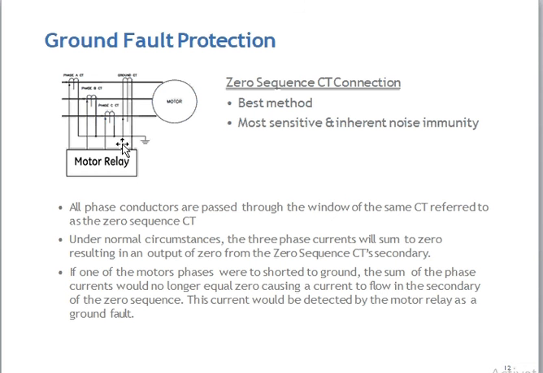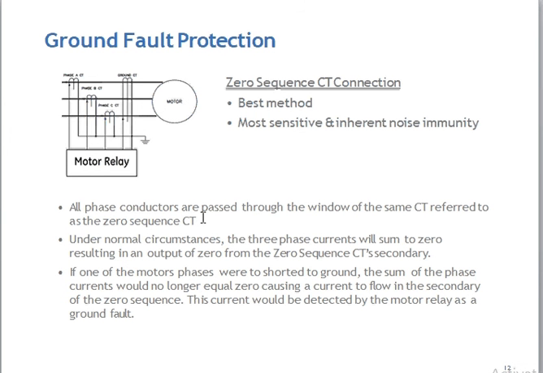If there is a ground fault, all phase conductors are passed through the window of the same CT, referred to as the zero sequence CT. If a ground fault is there, zero sequence current will occur. If it is not there, then nothing flows; it only appears when a ground fault is there.